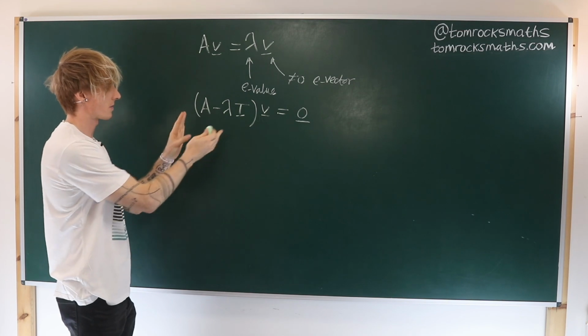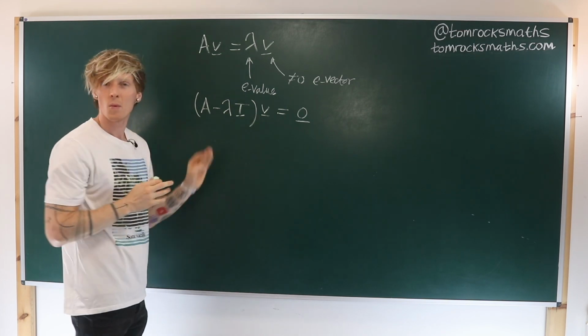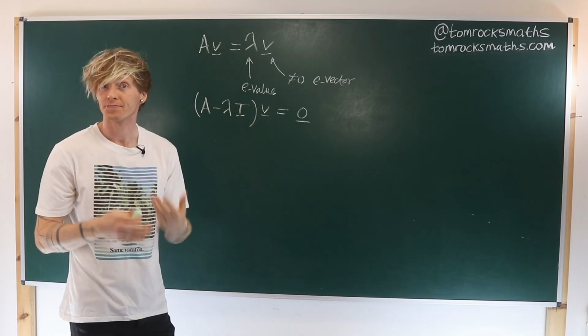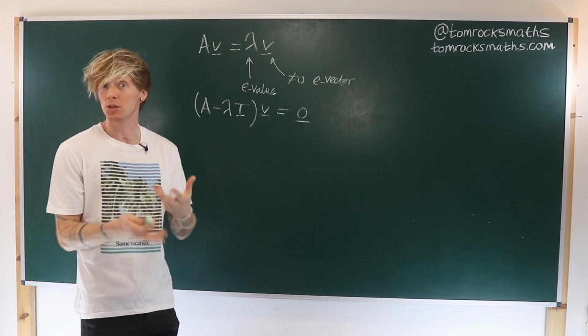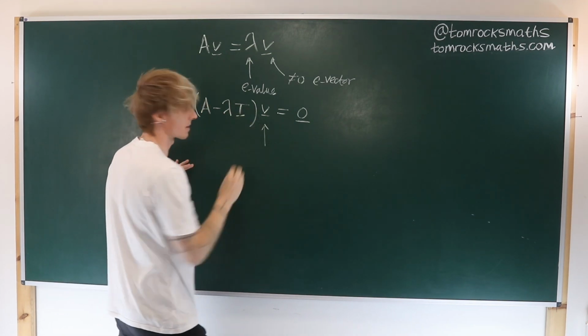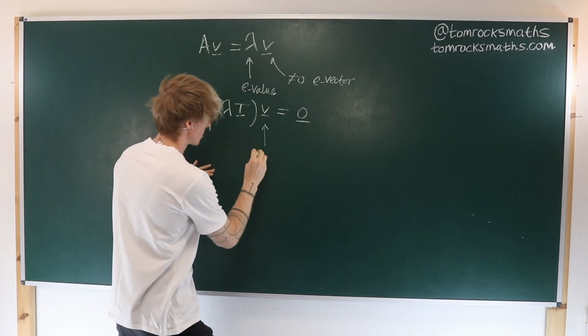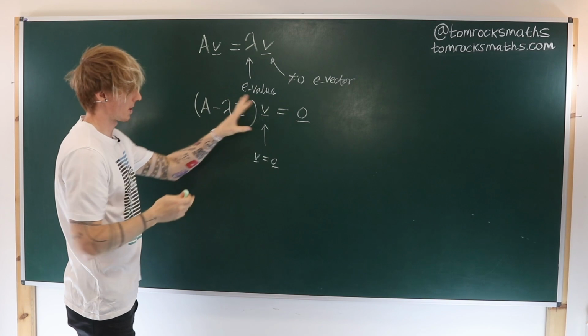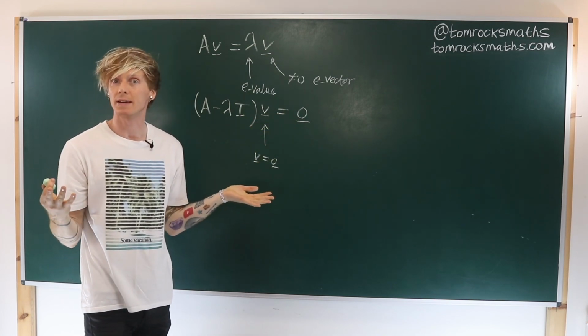So now we have two terms, when multiplied together, that need to equal 0. We can proceed in the usual manner and say, suppose V is 0. This is our first option. So V could be 0, and then this matrix multiplied by 0 definitely gives me 0.